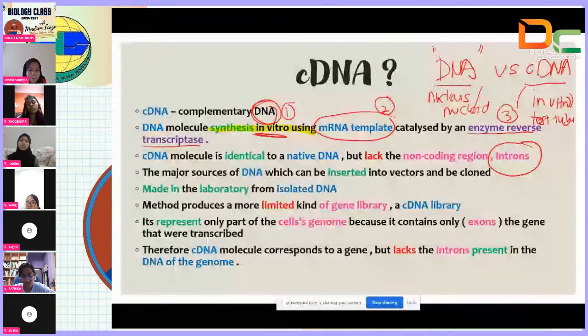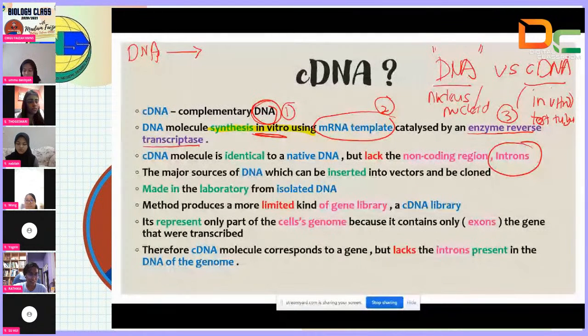Before, after completing the transcription, class, the central dogma. Try to state again the concept of central dogma, Ratika, from chapter 6 DNA.